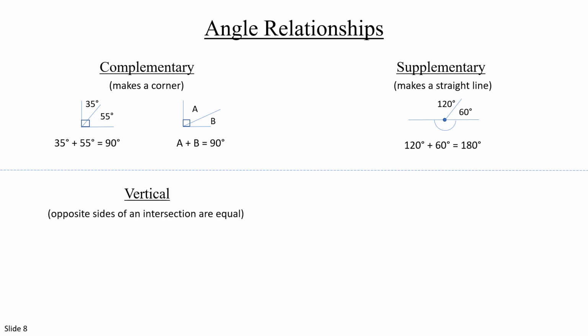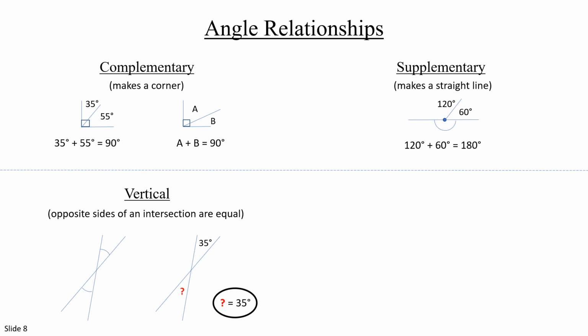Vertical angles. Opposite sides of an intersection are equal. Opposite angles of an intersection are equal. Those two angles are the same. So if that angle is 35, what's the question mark? 35. Very good.